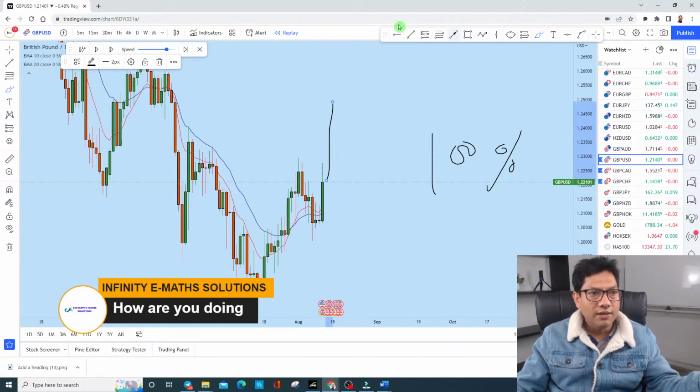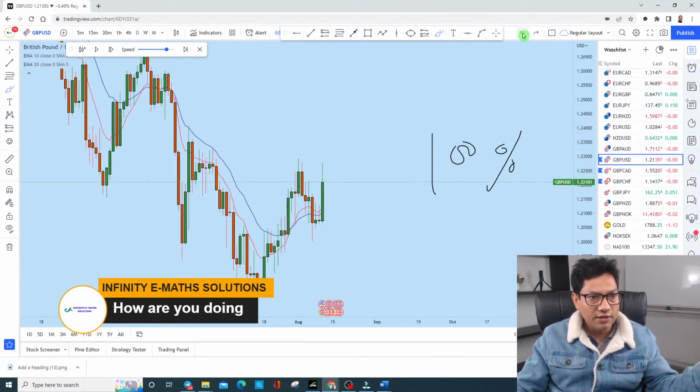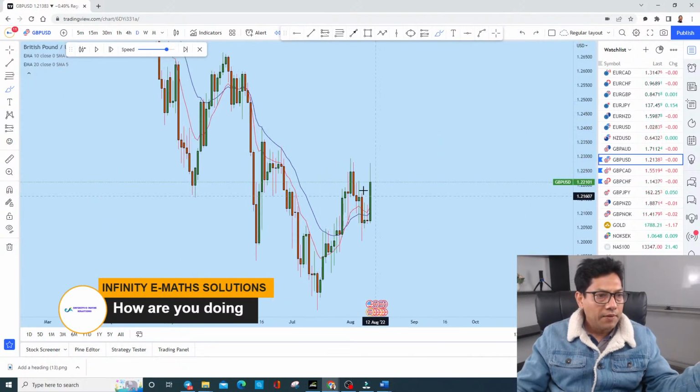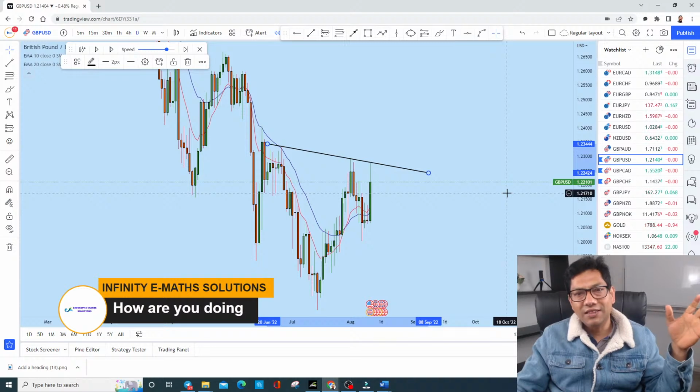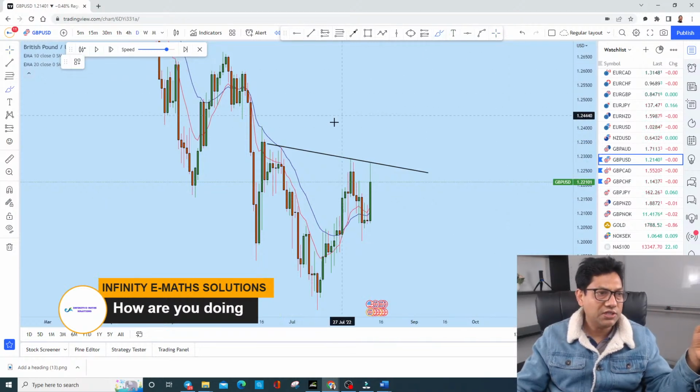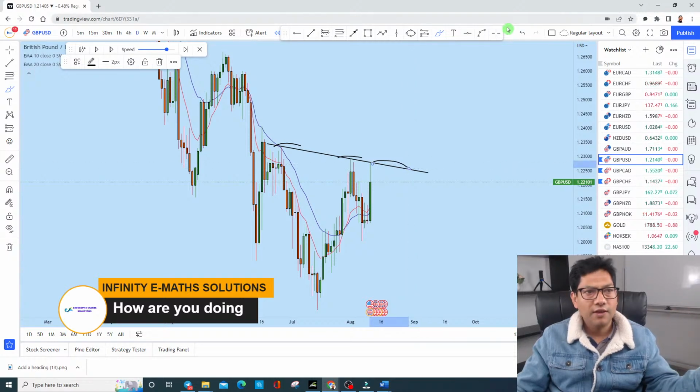You know why? The reason is, the price on the daily is respecting this resistance, right? And this resistance is creating a series of lower highs, first thing.